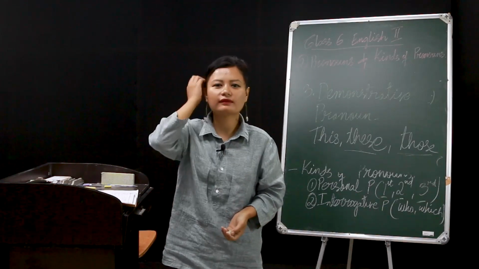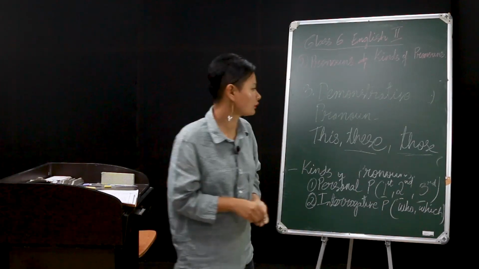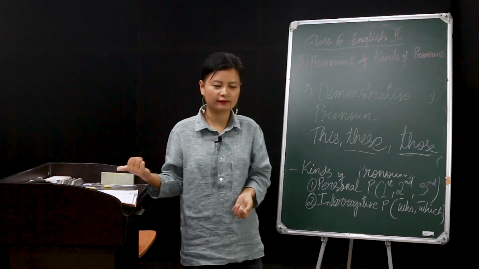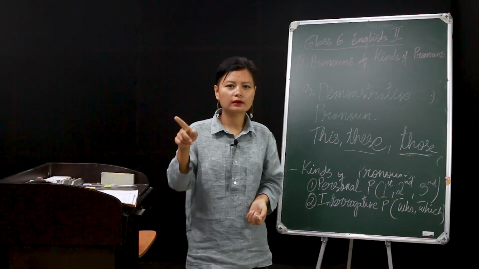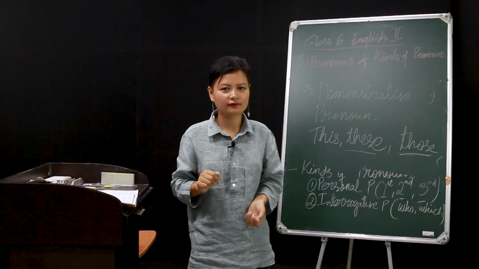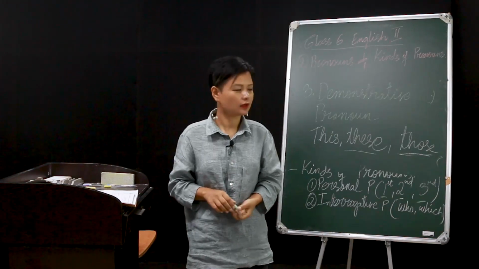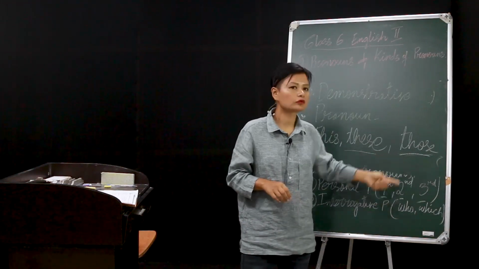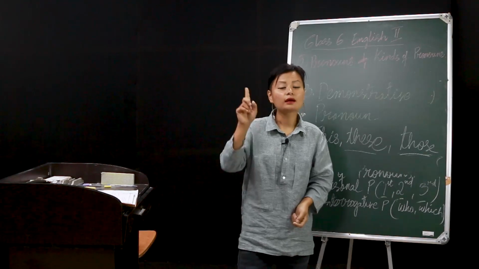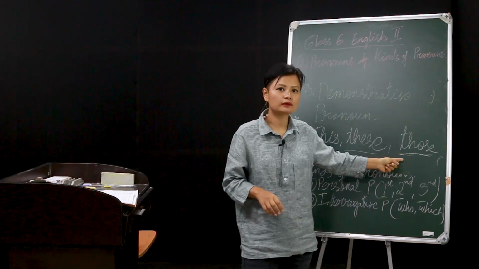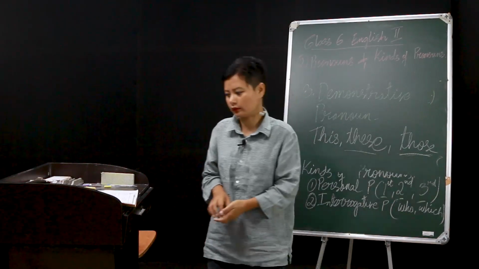So if something is very far away, then we use the word those, according to the rule given in the textbook. Those are the cows that are grazing in the field. Those are my father's, we can say like that, isn't it? So we use those to point to things that are far away from us, okay? And it can be used in the plural form also.